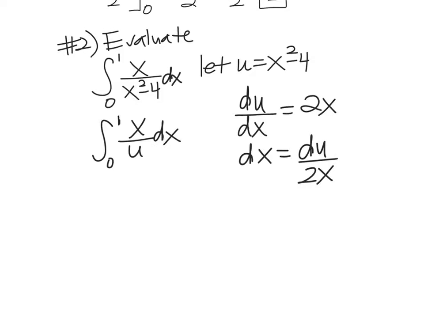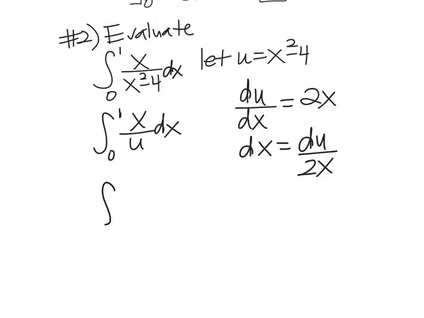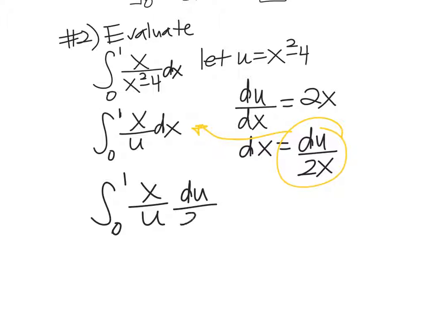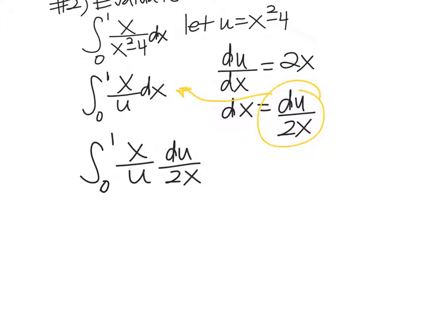Now we're going to integrate 0 to 1 of x over u, and instead of dx, we're going to substitute du over 2x in.